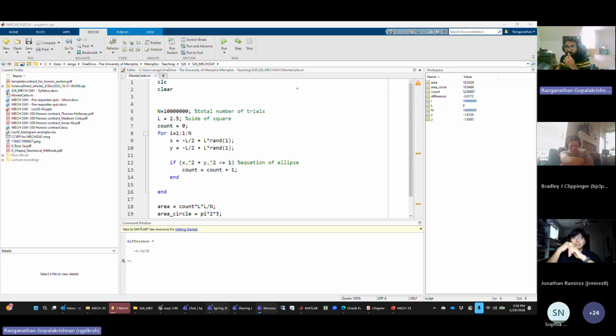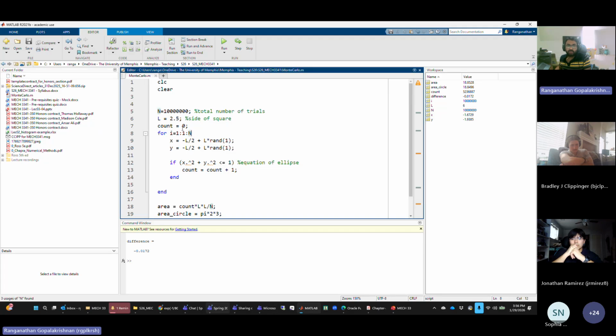So I'm going to draw a square which runs from minus 1.25 to plus 1.25 and a circle running from minus 1 to 1. All right, so I'm going to post this code.